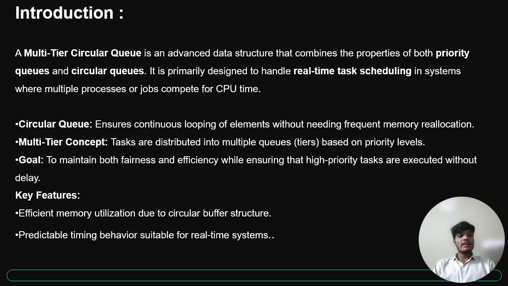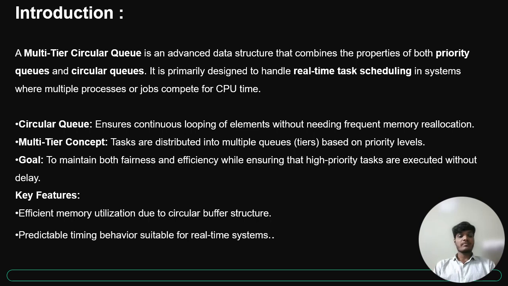First, a multi-tier circular queue is an advanced data structure that combines the properties of both priority queues and circular queues. It is primarily designed to handle real-time task scheduling in systems where multiple processes or jobs compete for CPU time. Circular queue: it can ensure continuous looping of elements without needing frequent memory reallocation.